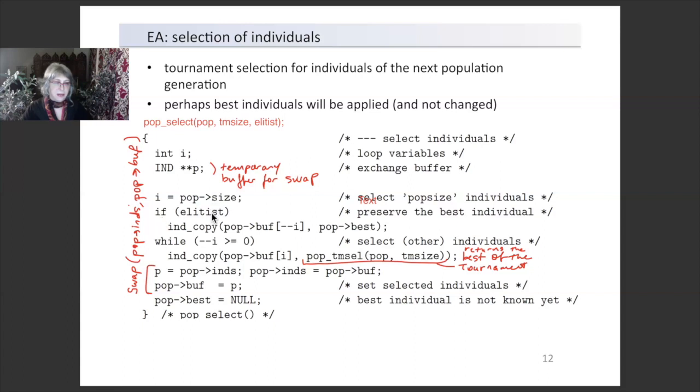If elitist approach, individual copy population buffer at location I, which is decremented by 1, and after that, into that location, population best is copied.